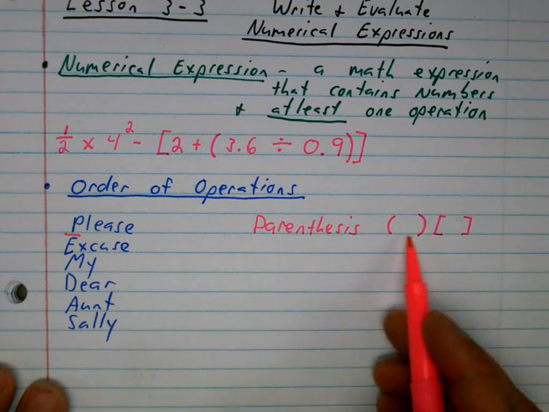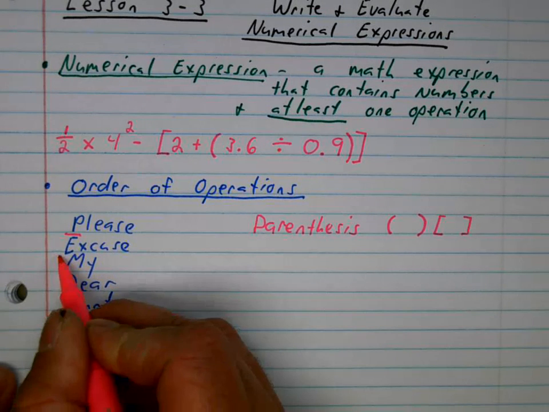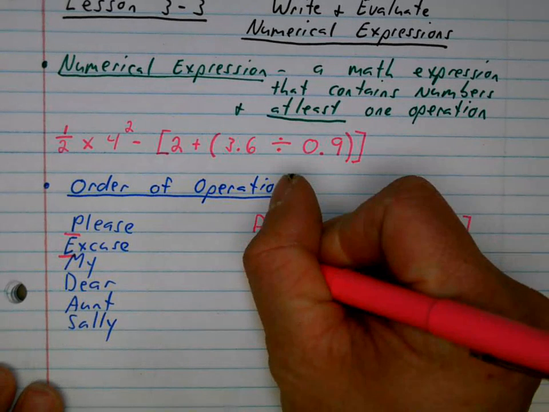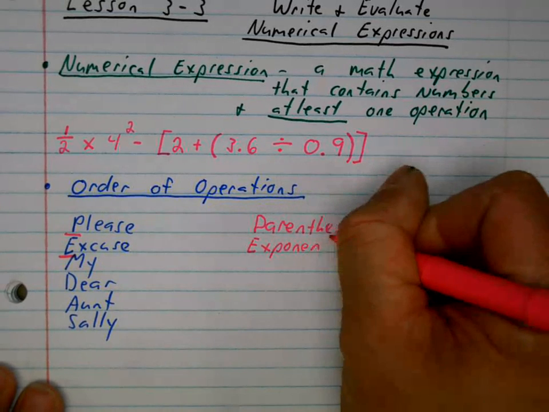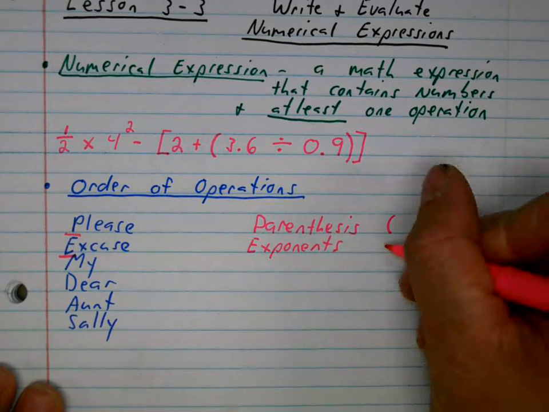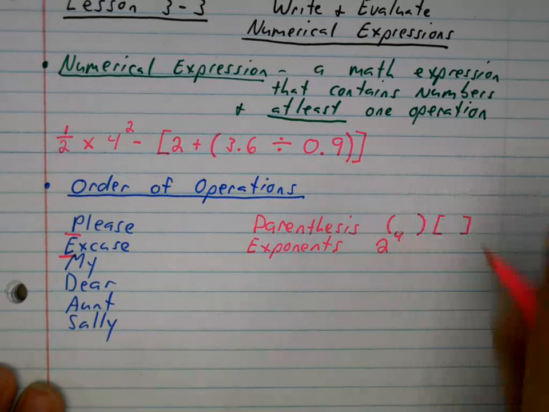But we'll do the parentheses first and then the brackets. Next, the E in excuse stands for exponents. So an exponent, we know, we just worked on those, could be 2 to the 4th.